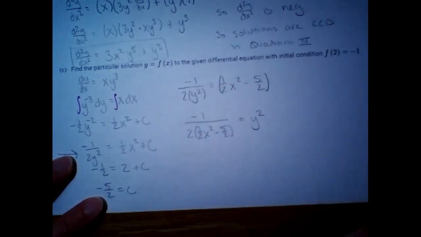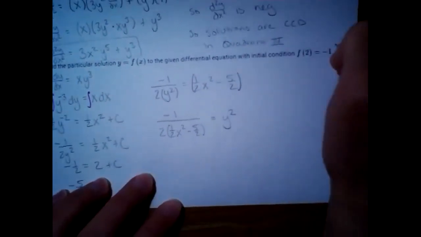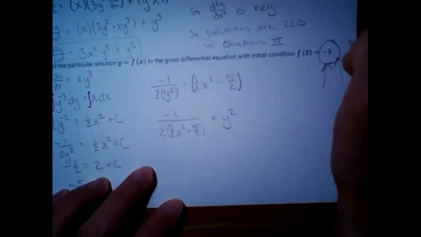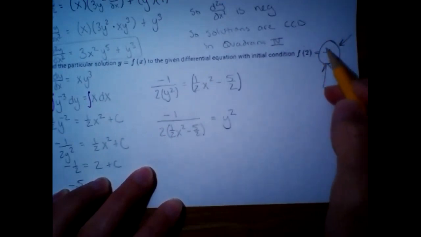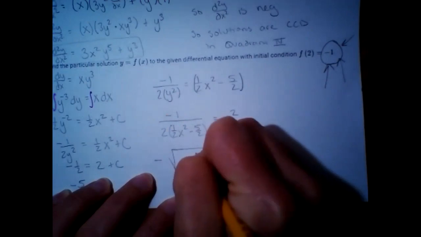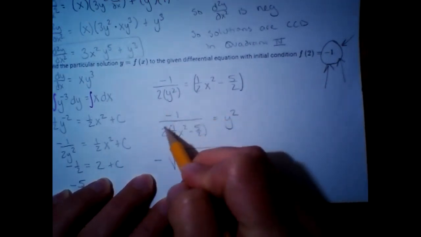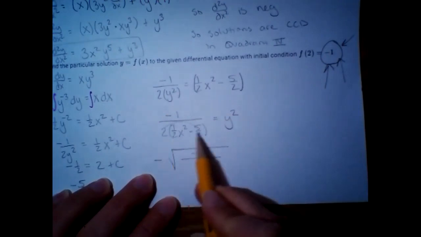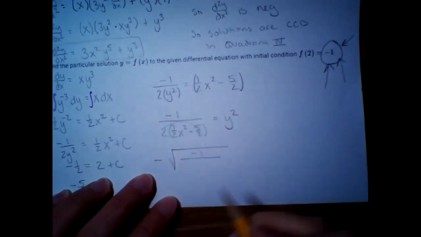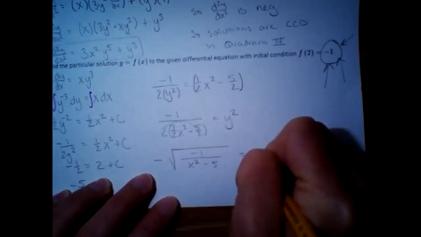And if it was the general solution, you would put plus and minus. We want one specific solution. It comes from your initial condition's y value. That output is negative, so we want the negative square root of all of this. And you can leave it exactly as it is, but I'm going to distribute this 2 simply because that's going to cancel out with those and it'll be a little bit less writing. This will just be x squared minus 5.